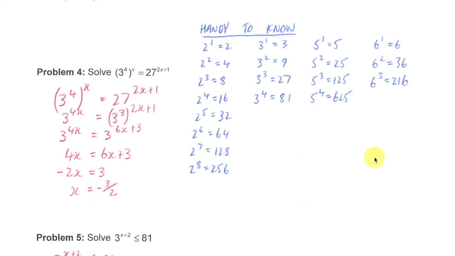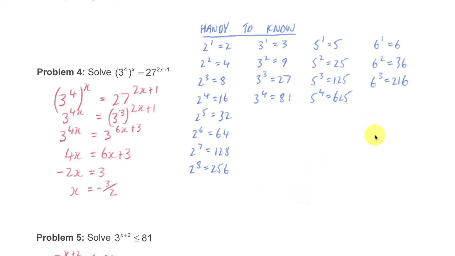Now, this stuff here is really handy to know. Being able to produce these lists here, so I've got 2 to the power of 1 all the way through to 2 to the power of 8, and you can see the numbers there. The only way to becoming familiar with this particular number pattern is to rewrite it many times. And then I've got base 3s, base 5s, and base 6s. So these come up a little bit.